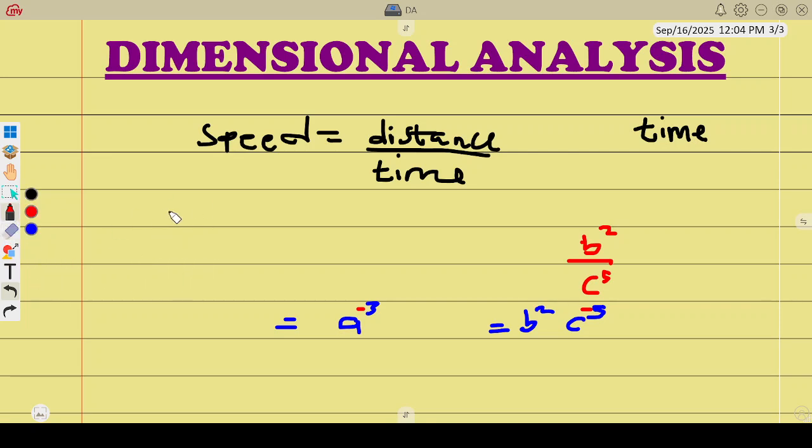In the same way, you can also work backwards. If we have b squared and c power negative 5, when you just see a negative power, just know that then I have a fraction. The thing which has a negative power should be down, and whatever doesn't have a negative power should be on top.